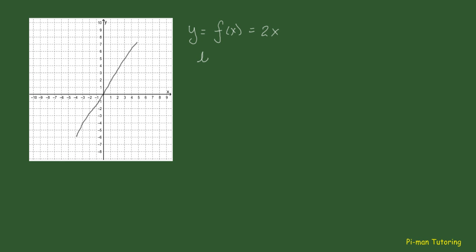And now we want the limit as x tends to infinity of f of x. So what happens as x tends to infinity? Well, we can see on the graph that as x is growing in this direction, y or f of x is growing uncontrollably in the other direction, and so the limit as x tends to infinity is infinity.